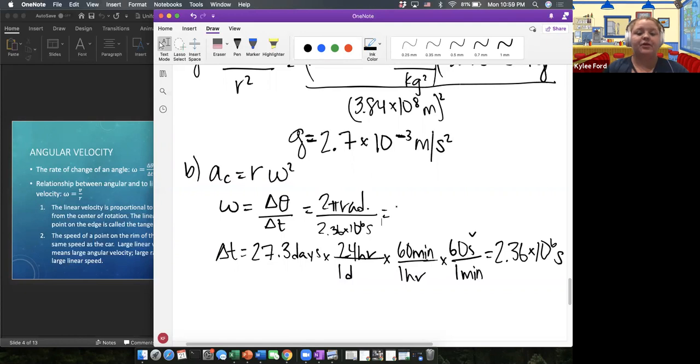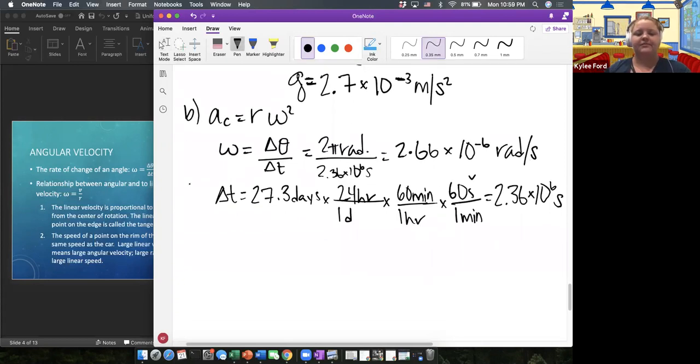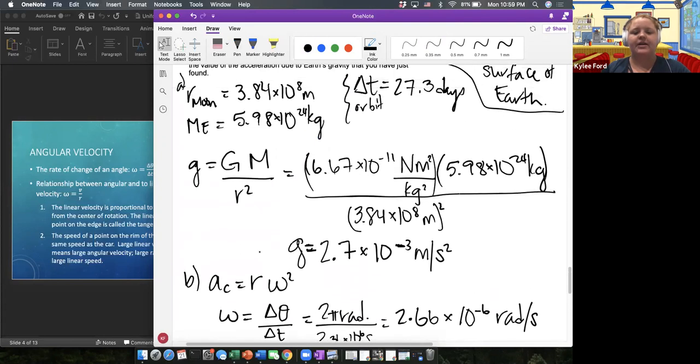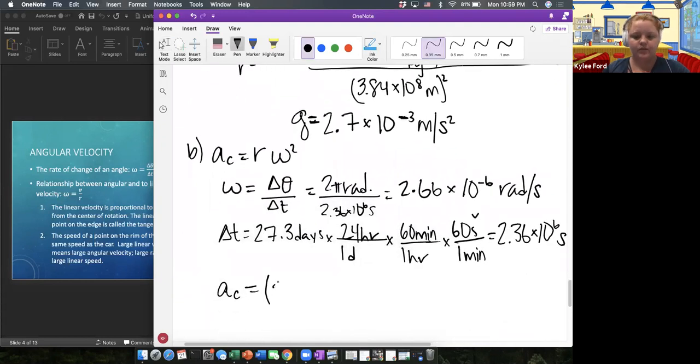Now I can determine my omega. So I'll say 2 pi divided by that number I just found, and we get 2.66 times 10 to the negative 6 radians per second. Okay, so that's my omega. Now I can calculate my centripetal acceleration. I plug in my R, which is 3.84 times 10 to the 8th.